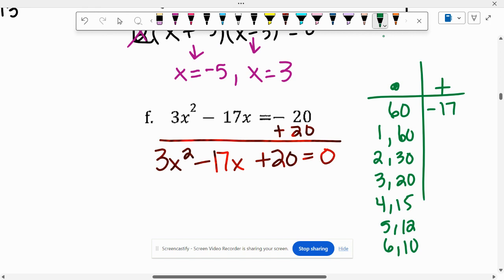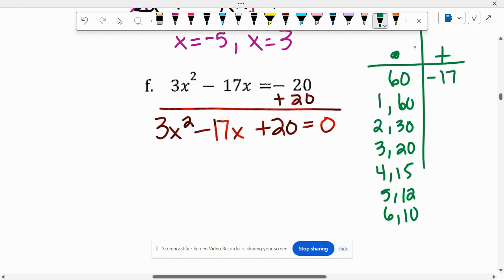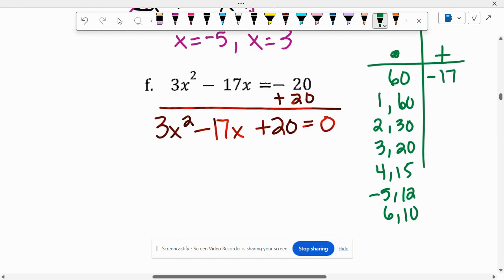Negative 5 and 12. Negative 5 and negative 12. Do you see that this is a negative 17? Yeah, that's right. A negative times a negative is a positive. So the factors that we're using are going to be negative 5 and negative 12.